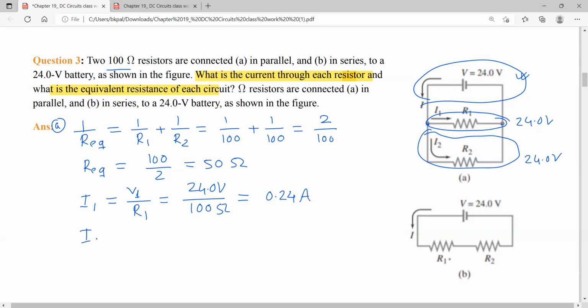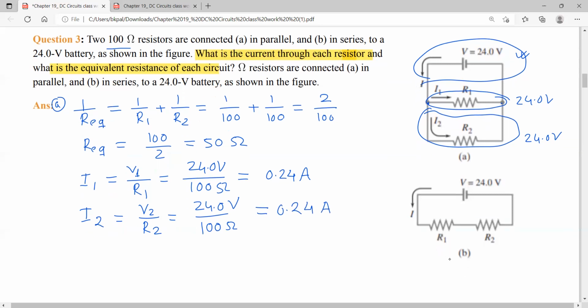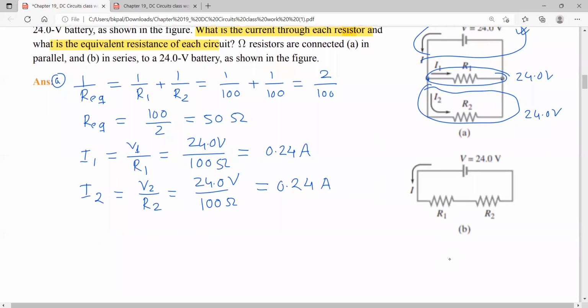The same thing for I2: V2 over R2, where V2 is also 24 volt and R2 is also 100 ohm. So the current through R2 will also be 0.24 amp.